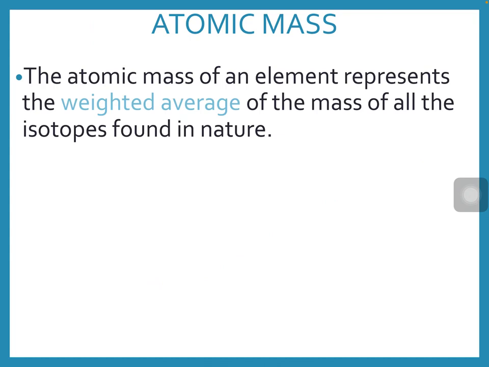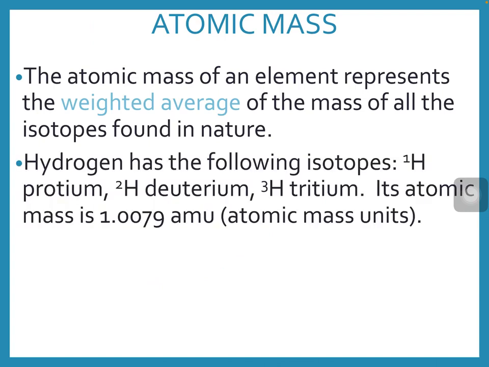So the atomic mass listed in the periodic table is based on a weighted average. So not equal amounts given to each of the isotopes, but based on the percent of it found in nature. So for example, the element hydrogen can have the isotopes protium, deuterium, and tritium.